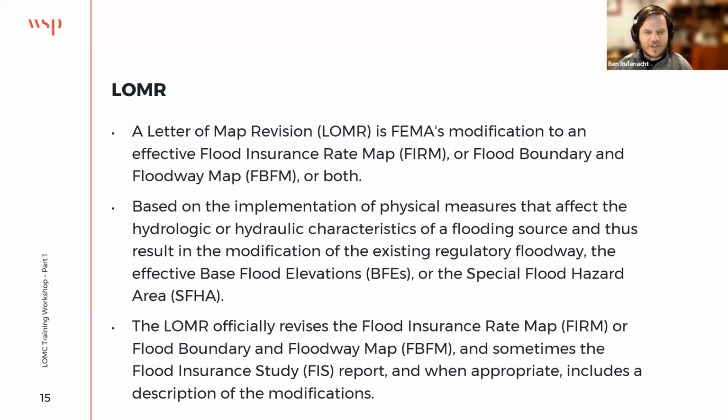And this will officially revise the flood insurance rate map. So if you're building some sort of structure that is elevated, doing some fill, this will actually show on the map that it is out of the floodplain.